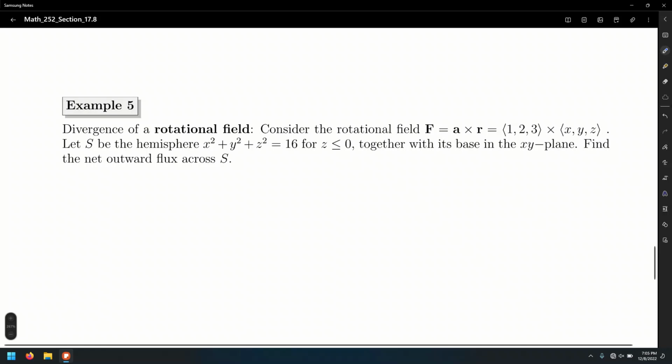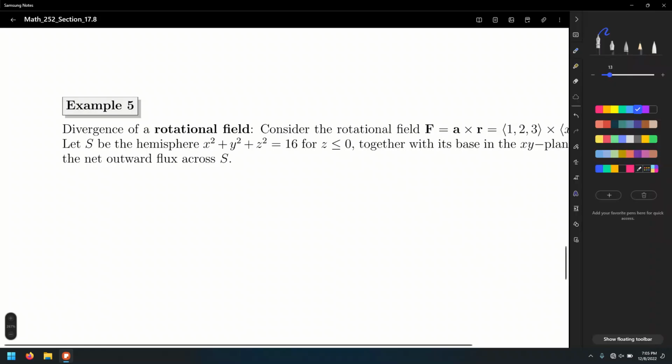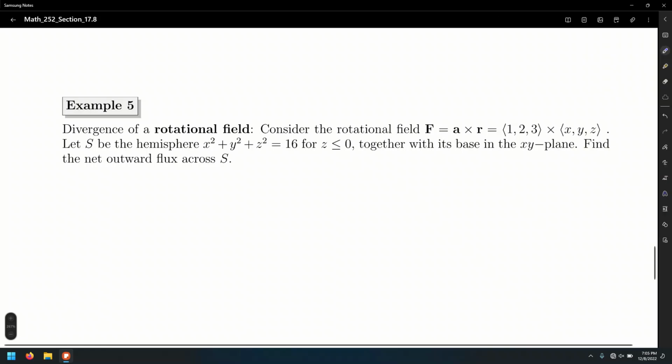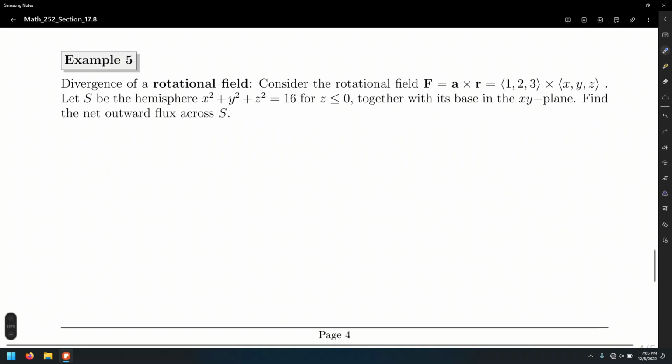Well, number one, so let's define the vector field, this rotation, and you'll see what's going to happen. I'm going to relate this to something from real life, pretty simple.